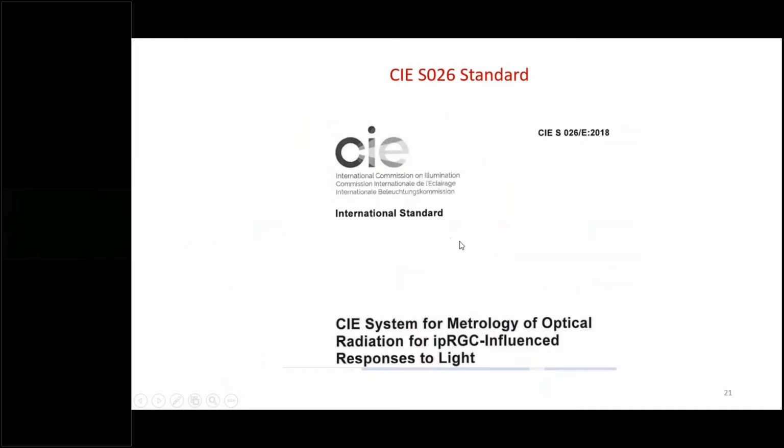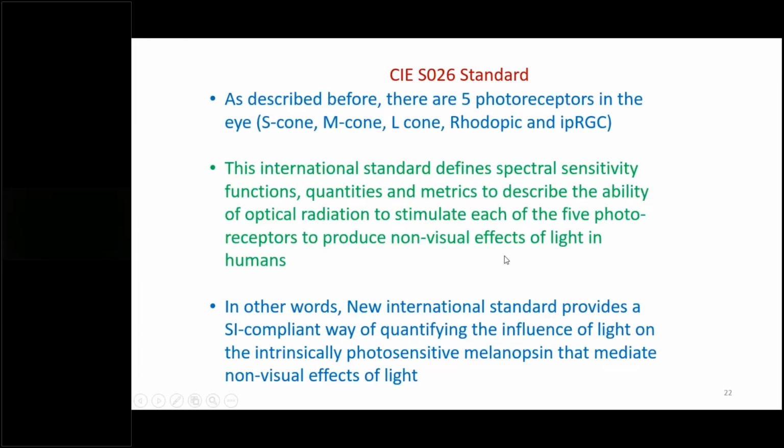So here is the CIE S026, the CIE system for metrology of optical radiation for ipRGC-influenced responses to light. And we are going to talk a little bit more. We already talked about the 5 photoreceptors: S-cone, M-cone, L-cone, rhodopic, ipRGC.